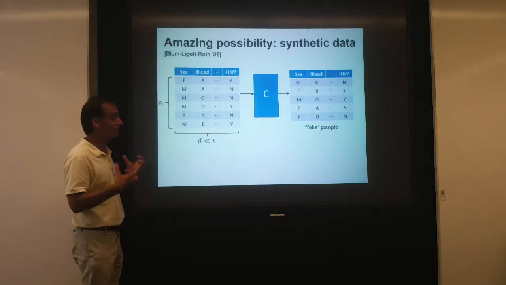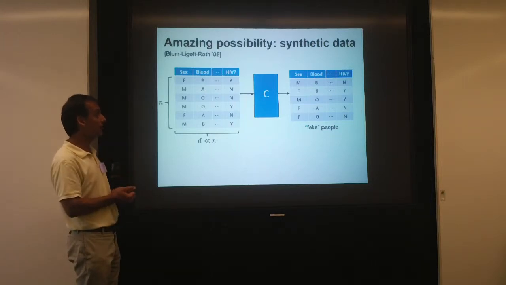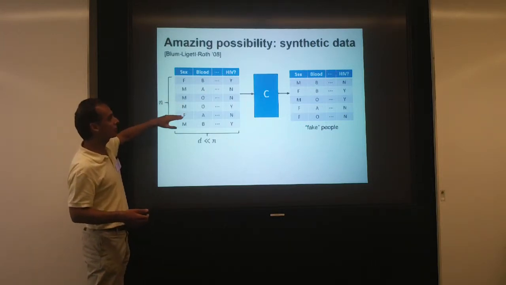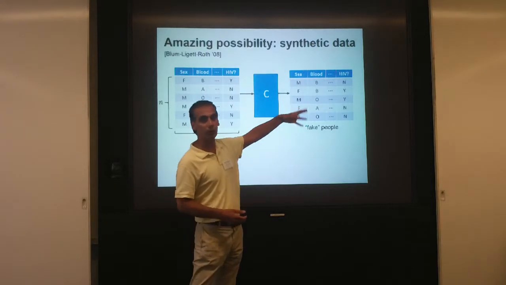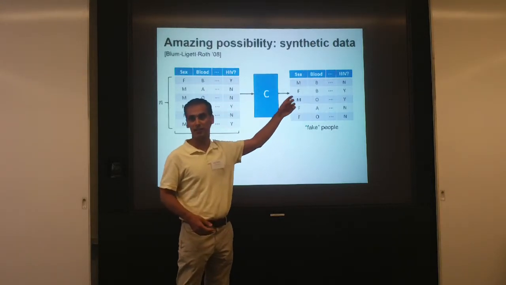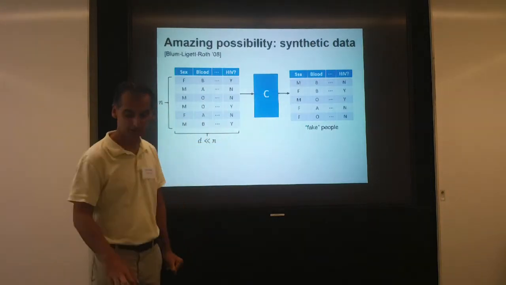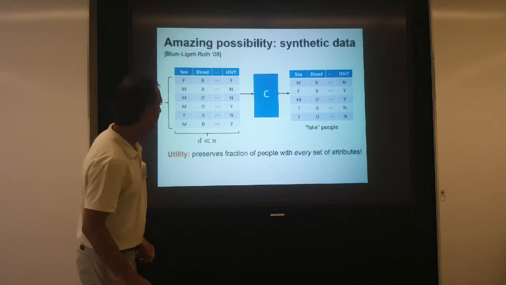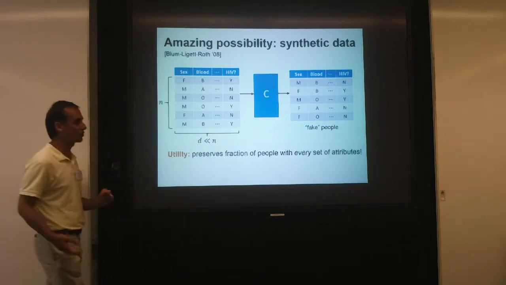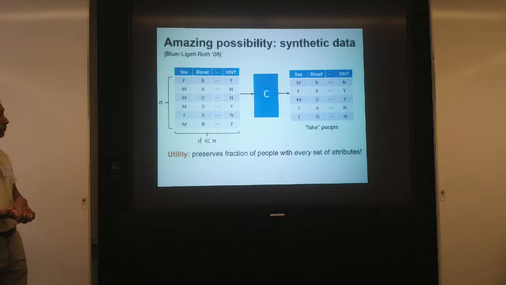Okay? And yet it satisfies this strong privacy protection that no one person's data has a detectable influence on the synthetic data that's produced. And in fact, it's known that you can, as I said, preserve a huge number of statistical properties.